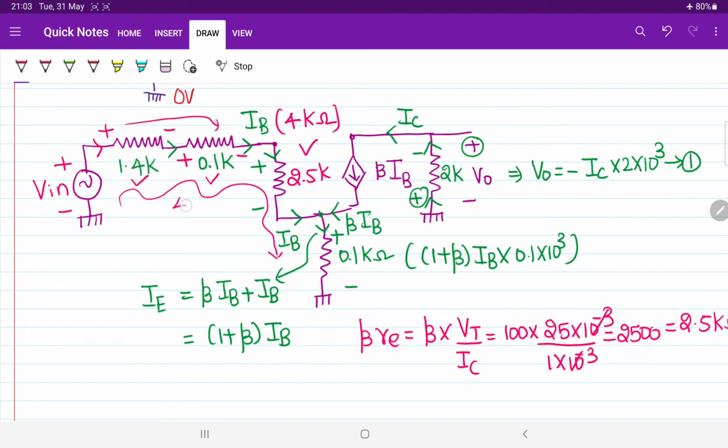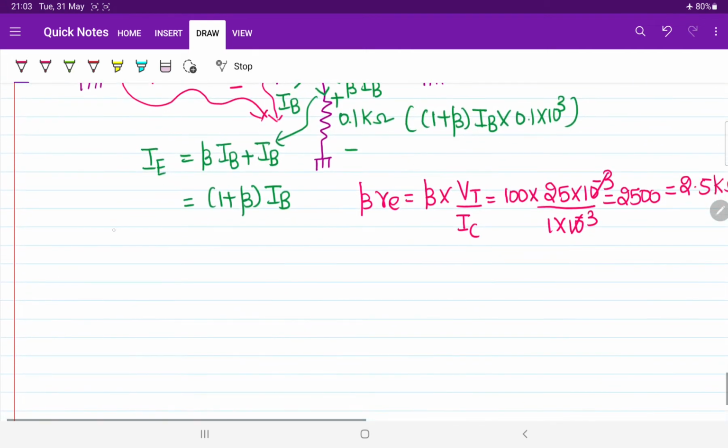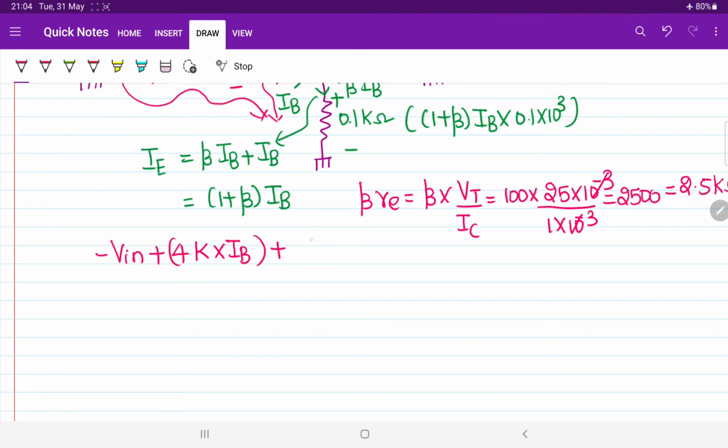So the total resistance here is 4 kilo ohm into base current IB, whereas current entering point plus, leaving point minus. Now if I apply KVL in this way, what will I be getting? You will be starting from minus input voltage Vin plus overall base resistance 4K into the value of base current. I have added all the available resistors in the base terminal.